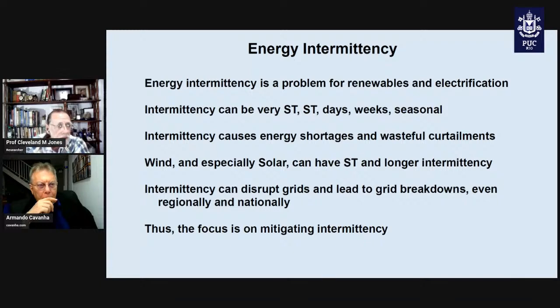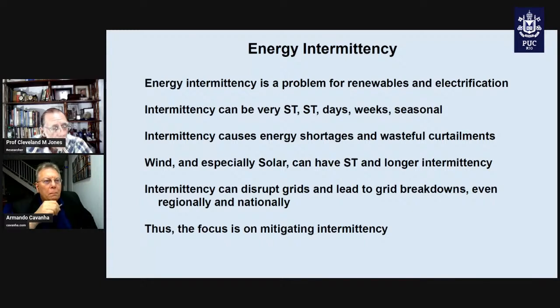And then we have to consider that intermittency can not only provide a shortage of electricity, it can provide grid breakdown. We had a situation in Brazil last year, when intermittent sources up in the Northeast, a lot of wind generation and so on, actually caused the grid to fail because it's very difficult to compensate where production is going and demand is demanding power.